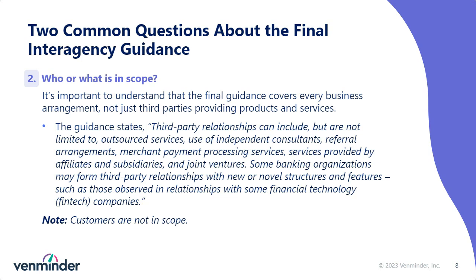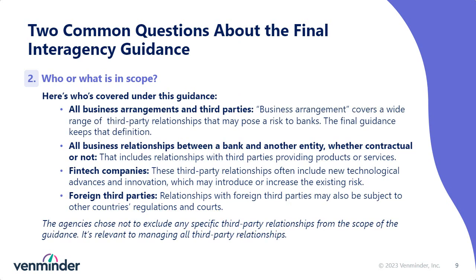But now that the scope has expanded, it's also independent consultants, referrals, and joint ventures, things like fintechs, data providers, credit agencies, and services provided by your own affiliates and subsidiaries. And just to reiterate, every business arrangement, every business relationship you have, excluding your customers, is in scope.